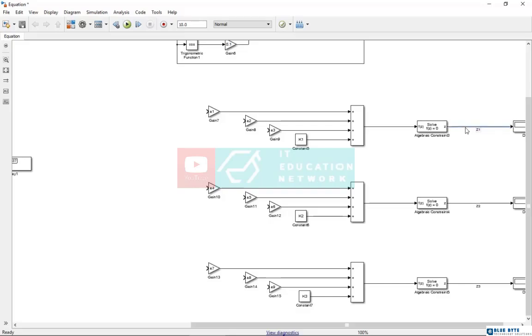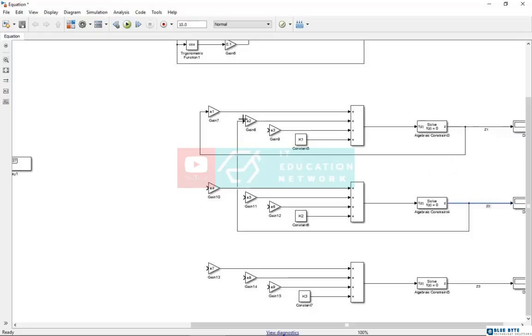Now I enter the signals A1 to the Z1 signal, A2 to the Z2, and A3 to the Z3.